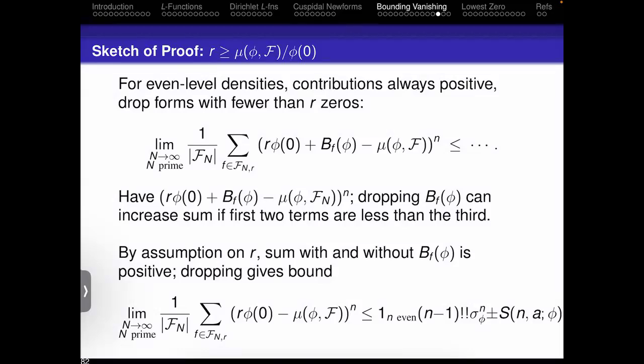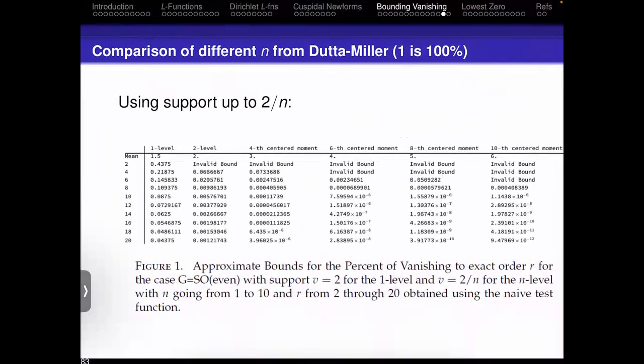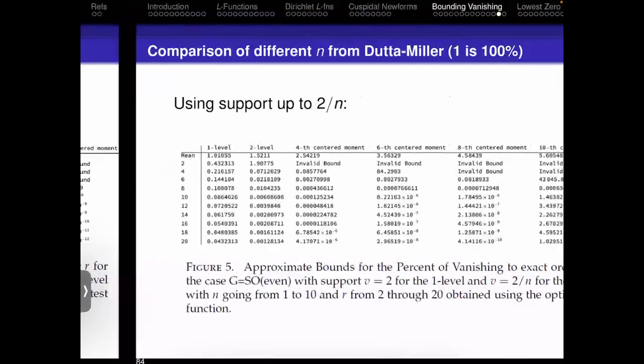It's not too bad. We get nice results. And when we look at this, here are the results we get looking at support up to 2/n using the various levels. I'll just focus on one number. If I want to look at 20 zeros at the central point using the one level, it's 0.0437, using the naive test function.